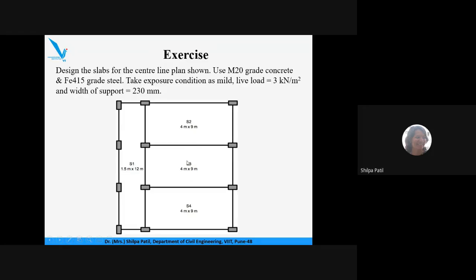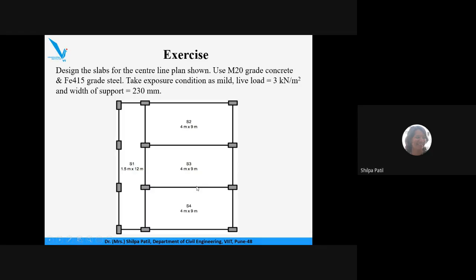Similarly, the reinforcement from the S3 slab, 50% of that will be bent and extended in the compression zone over this support. So for this particular support, the bars come 50% from S2 and 50% from S3. Similarly, at the next support, 50% bars come from S3 and 50% from S4.